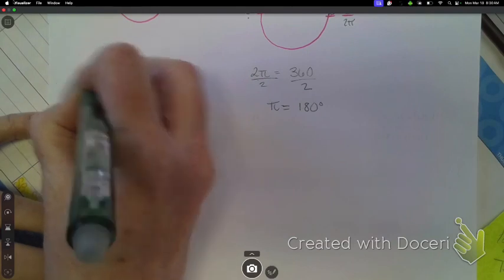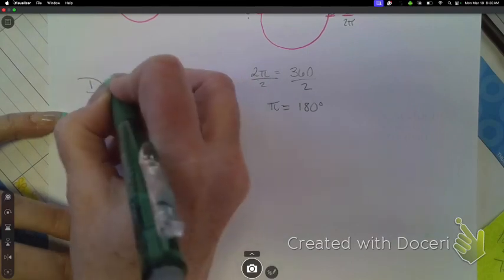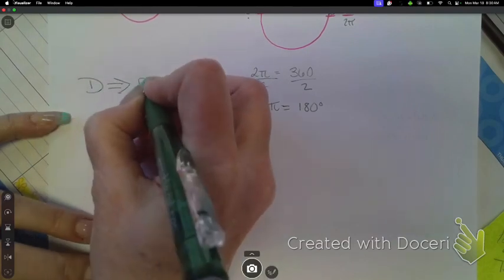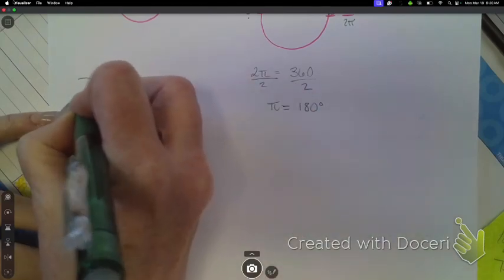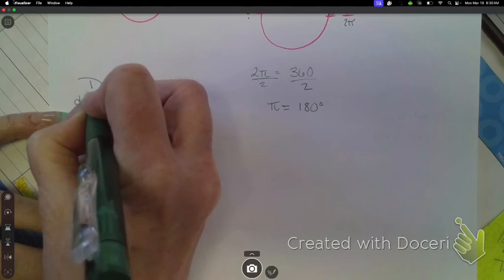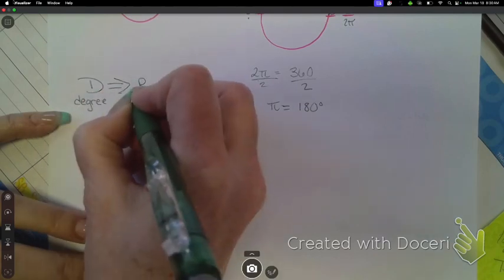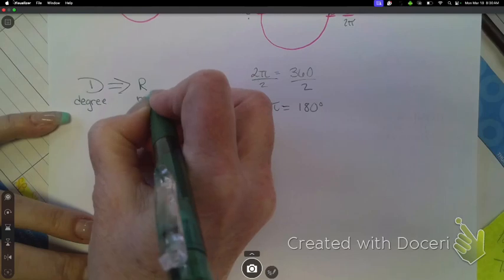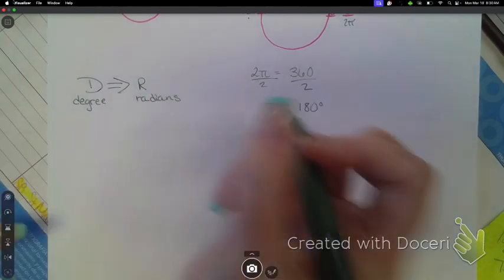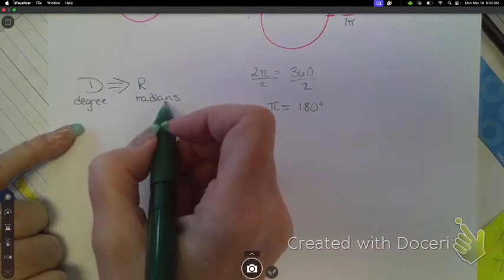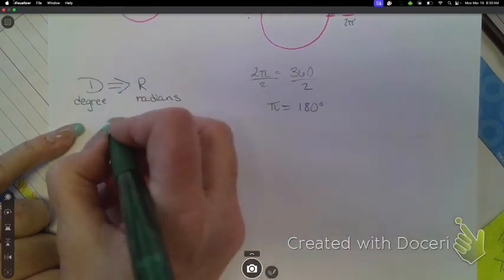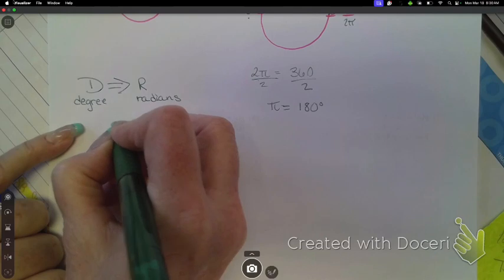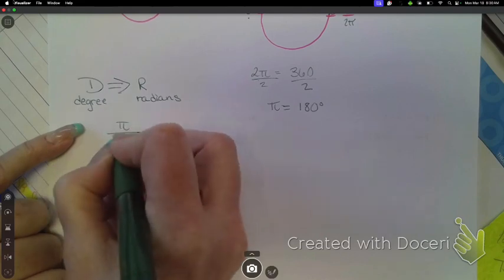So from degrees to radians, I will write degree under here first, and then after that I'll just put D to R. If I'm going from degrees to radians, I'm going to multiply by pi over 180 degrees.